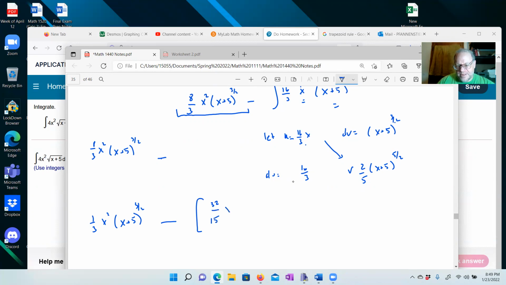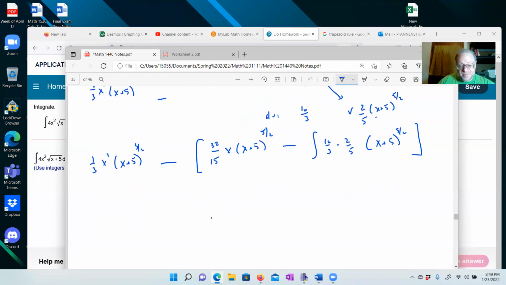Okay, we have (x plus 5) raised to the 5/2 power minus integral, and then v du. So this is 16/3 times 2/5 times (x plus 5) raised to the 5/2. Okay, see how much fun that is? This does not need to be integrated again.